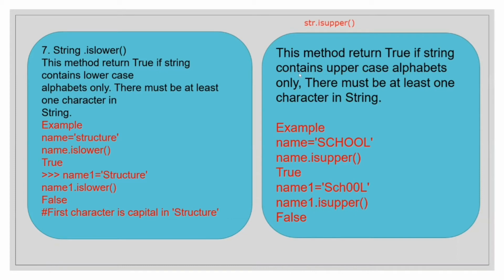So this method returns true if the string contains uppercase alphabets only. There must be at least one character in the string. The string cannot be empty. This means that the string shouldn't be empty. So see, if name is school with all uppercase, it's going to give true. But if any one or two are in lowercase, then it's going to give us false. These two are opposite of each other. Is lower checks for lowercase, is upper checks for uppercase.